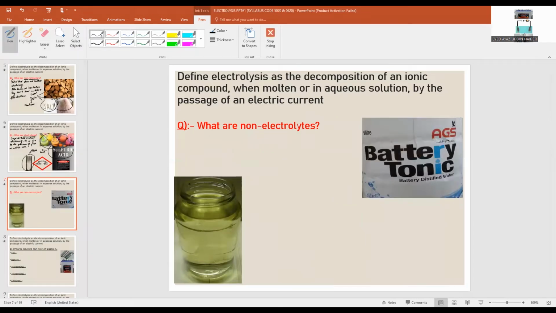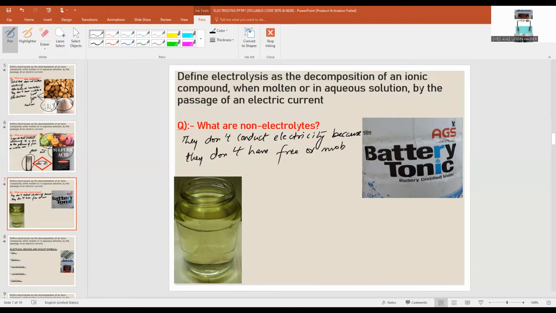So you can easily now define non-electrolytes. They are liquids that do not conduct electricity, because they don't have free or mobile ions.